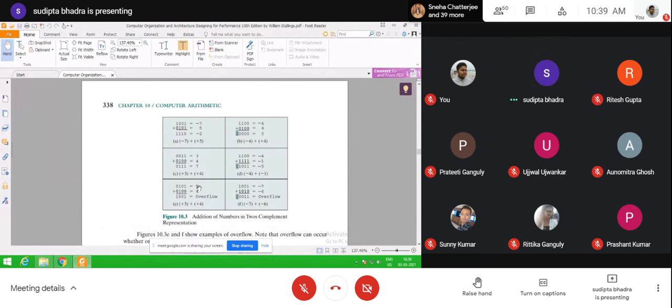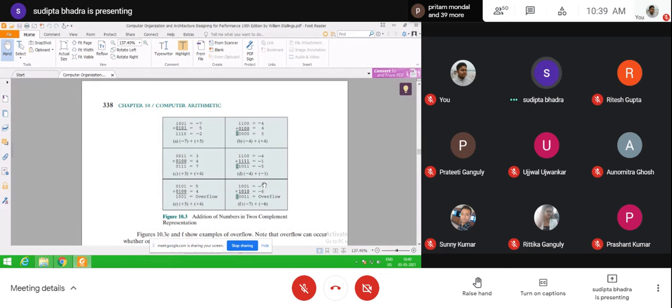Means here you see 5 plus 5. In 10.3E, the plus 5 is 0 1 0 1, the 0 means it is positive, and plus 4 is 0 1 0 0. But here we get 1 0 0 1, which looks like +9, but still it is overflow, because here the 1 means it is -8.